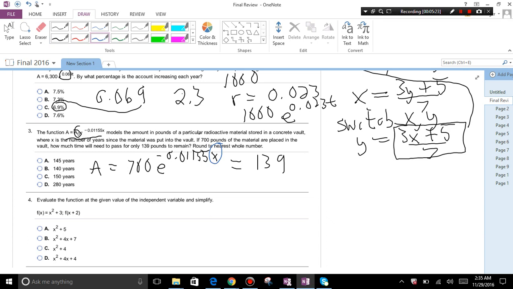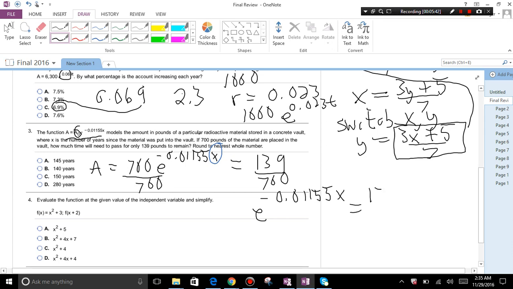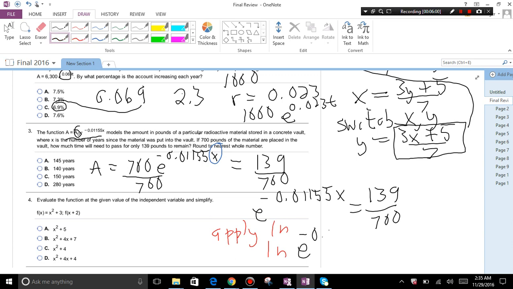And so we know how to do this. This is one of the last things we did. If you want to get x by itself, we're going to divide both sides by 700. And so e to the negative 0.01155x equals 139 over 700. And then we take the natural log on both sides. Apply the log. So then the natural log of e to the negative 0.01155x equals the natural log of 139 over 700.